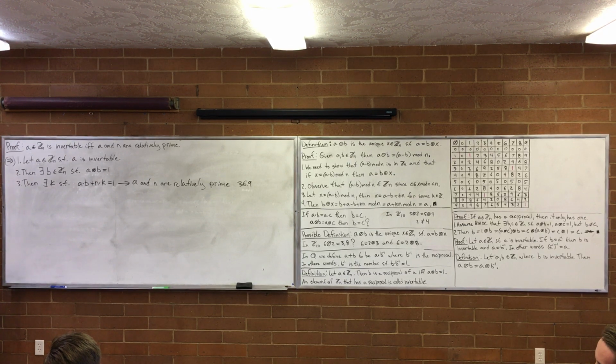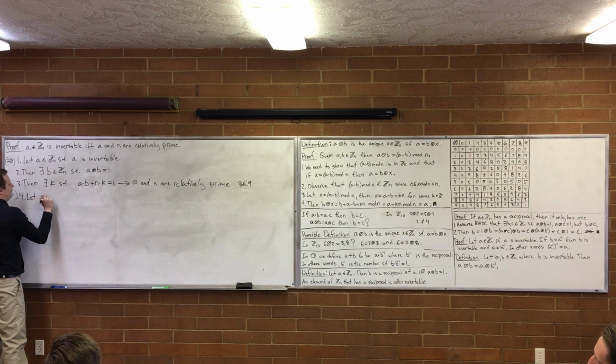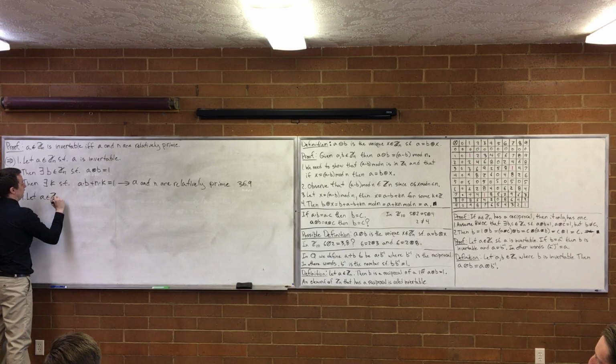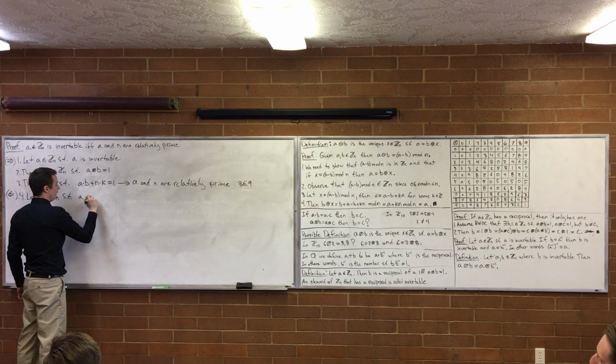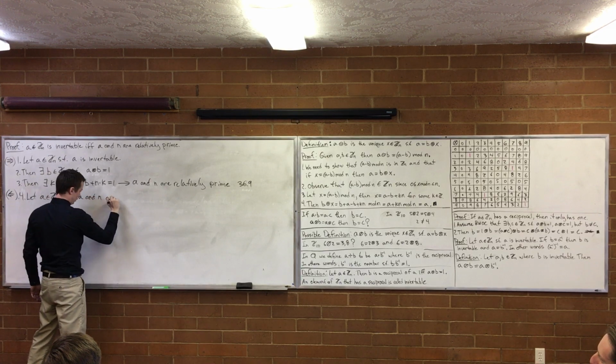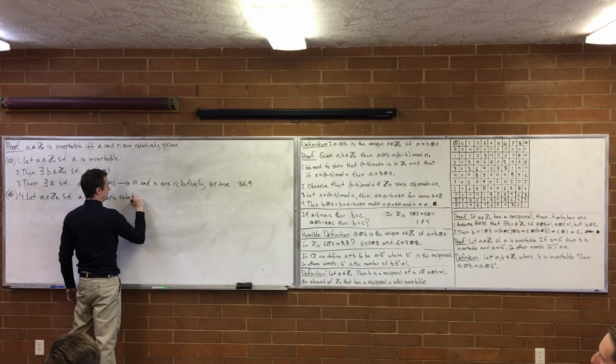Okay, so that proves it one way. Now we need to prove it the other way. So the other way is, let A in Zn such that A and N are relatively prime.